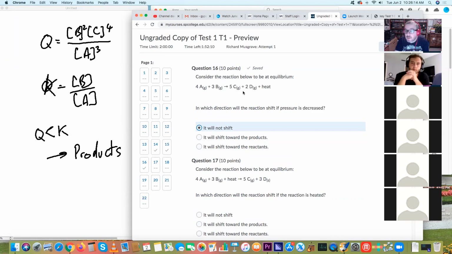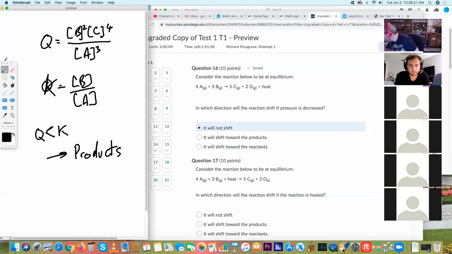So if the pressure is decreasing, whenever we're thinking about pressure, are we thinking about the whole equation, or are we looking at reactants and products? Well, I'd prefer you look at it somewhat holistically and think of it just as being a piston. With the piston being pushed downwards, ask yourself, what are the molecules going to do to account for that?